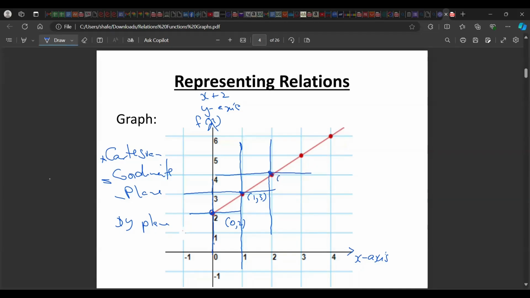You call this point 2, 4, and so on. You follow that? Yes, sir. Not difficult. But it's good for you to know how to read off a point on a graph and how to plot a point. Very important.